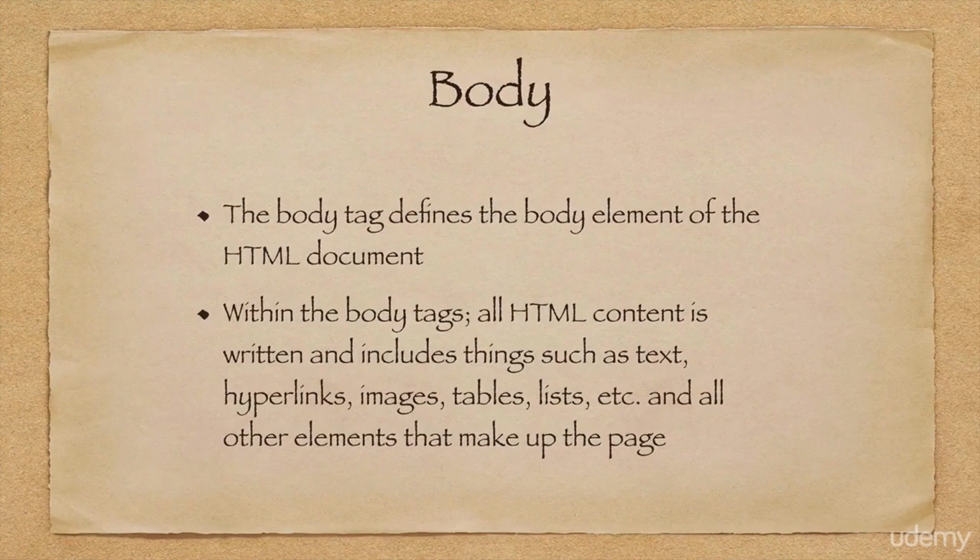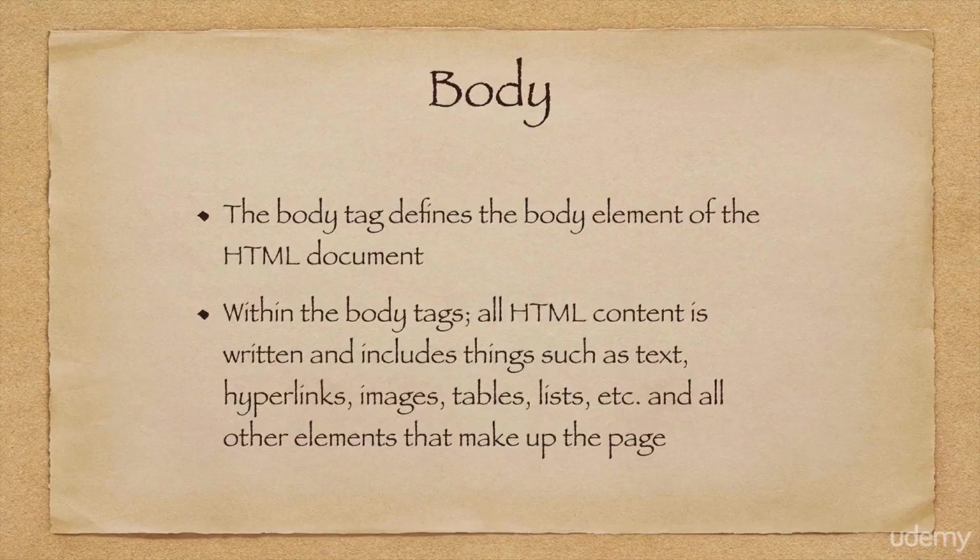Next we have the body, and the body tag defines the body elements of the HTML page. So within the body tags, all HTML content is written and includes things such as text, hyperlinks, images, tables, lists, and much more.